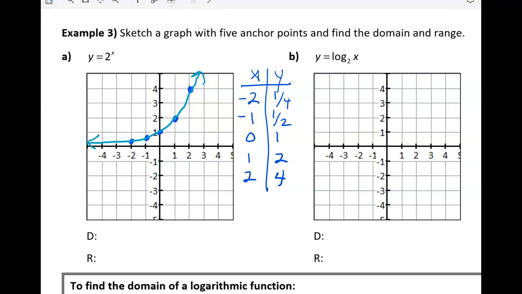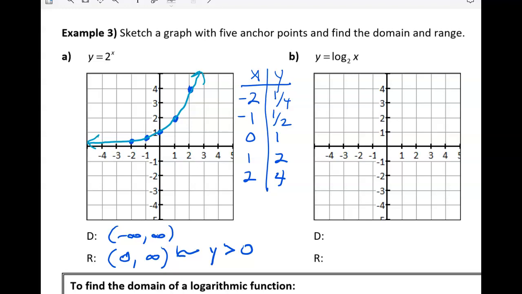And since x is in the exponent, and you can observe this from the graph as well, the domain is all real numbers, or in interval notation, the interval from negative infinity to infinity. The range, however, all of the y values are numbers that are above 0, not equal to 0. So the y values do not include 0, only those that are greater than 0.